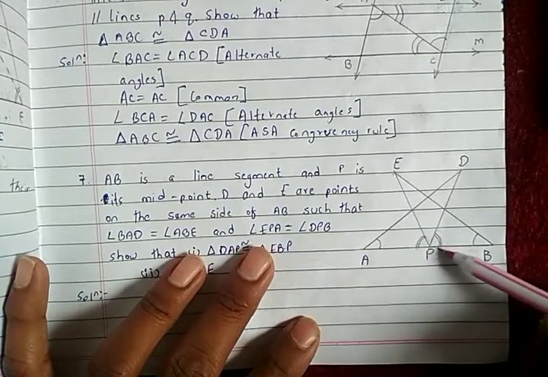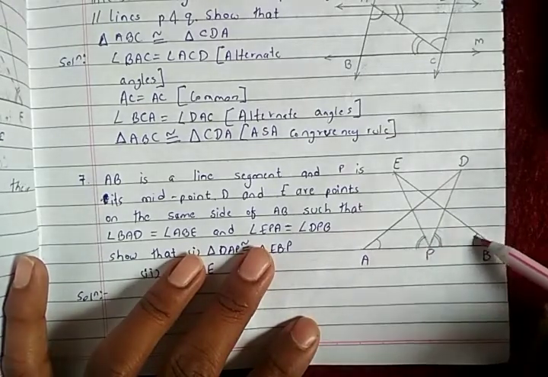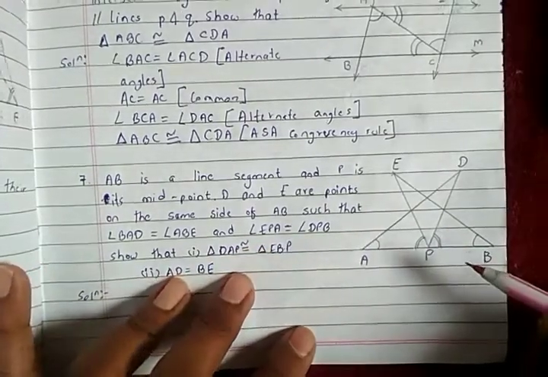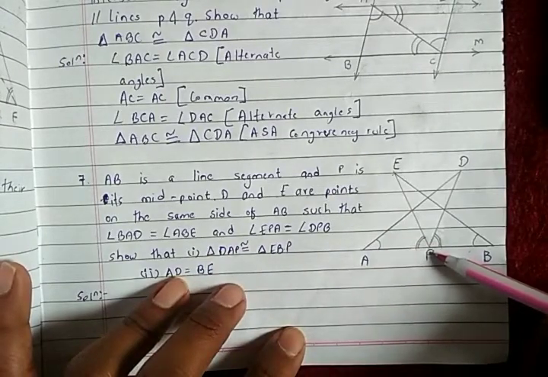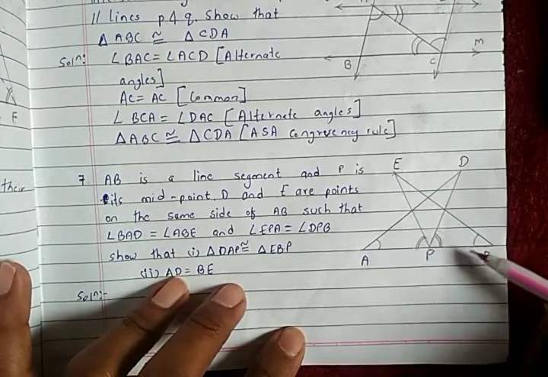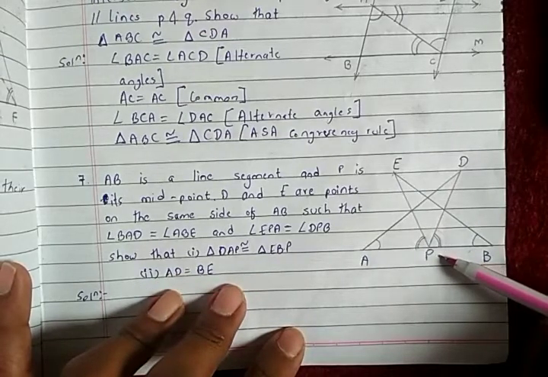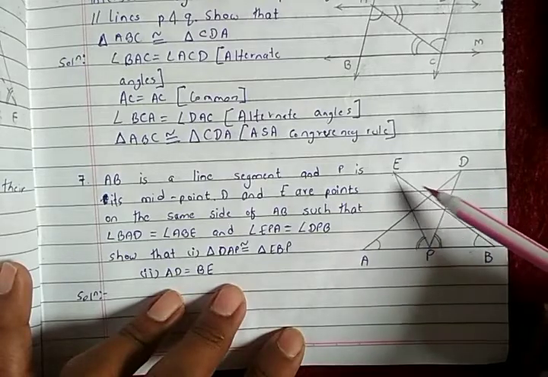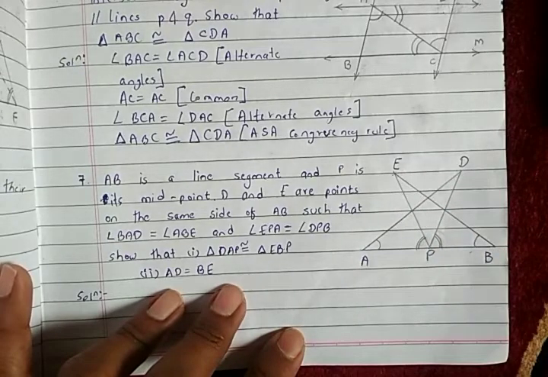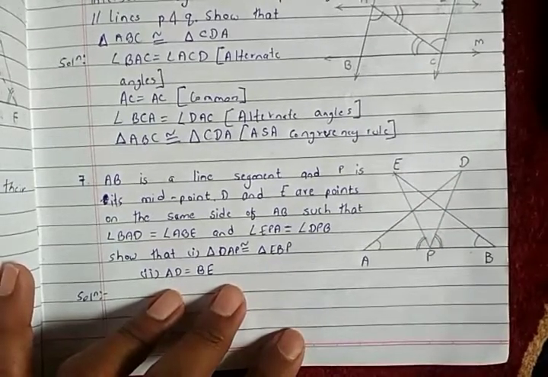These two angles are equal to each other and these two angles are equal to each other. We have to show that triangle DAP is congruent to triangle EBP, and we have to show that AD is equal to EB, right? How will we start?